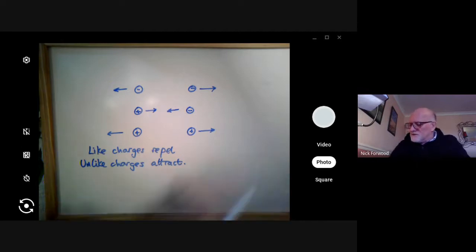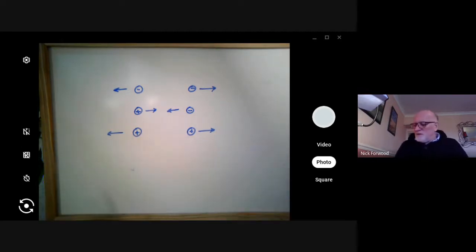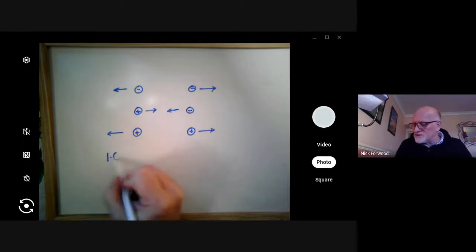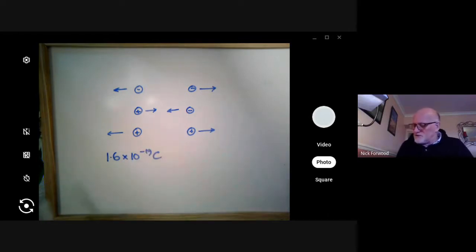And if it is protons and electrons, you should be aware that these particles have a charge of 1.6 times 10 to the negative 19 coulombs. That's the charge on a positive particle, like a proton. The electron has the same charge, but it's a negative charge.